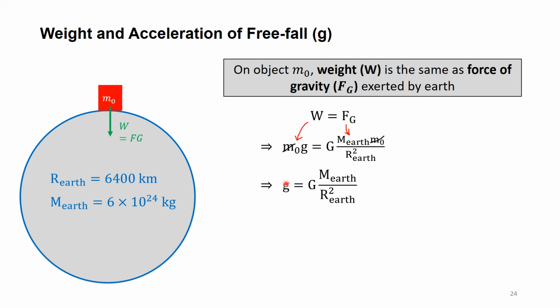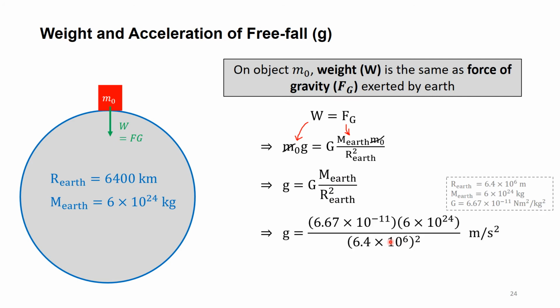So far we have used the value of g, 9.8 meters per second squared, in our calculations, and we just assumed that it's a constant value near the surface of the Earth. We haven't explained where this value comes from, and this equation explains why. You get a value of 9.8 meters per second squared for the acceleration of free fall because of the value of the mass of the Earth and the radius of the Earth you plug in.